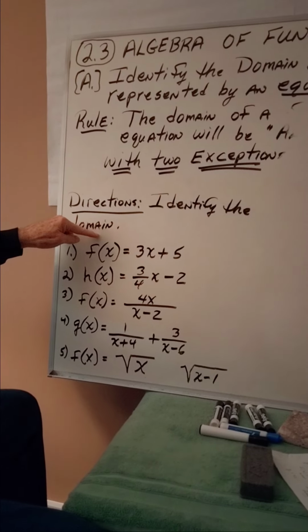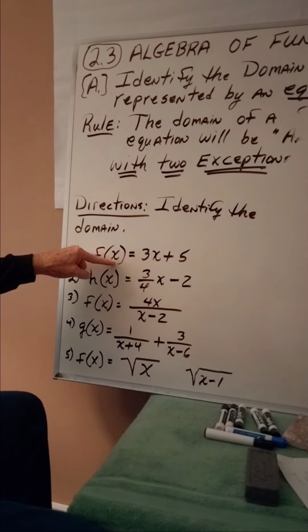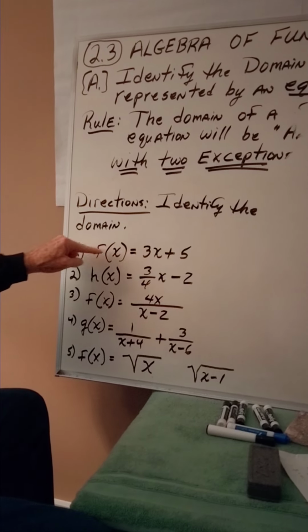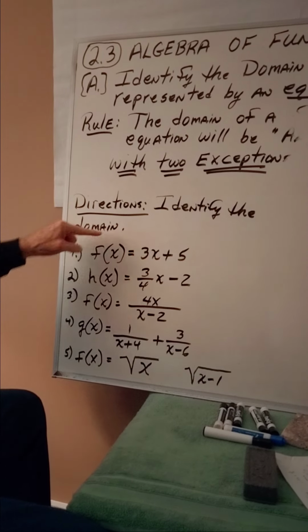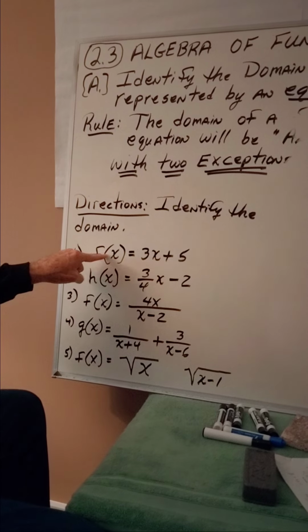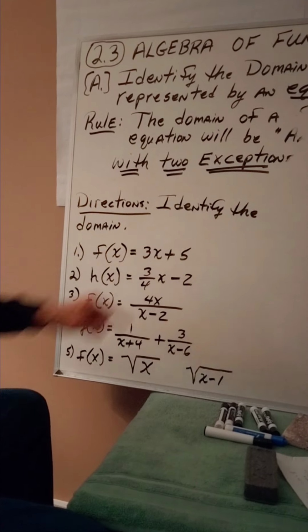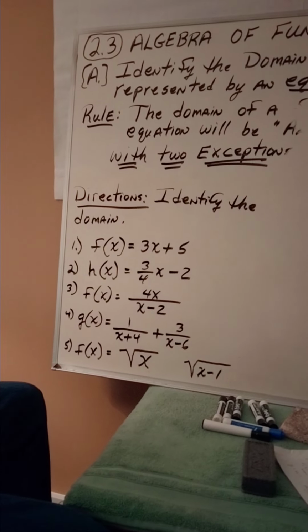Remember from previous videos, f of x is the range, and f of x also means y. So actually, this equation can be thought of as y is equal to 3x plus 5. We're showing it using function notation.